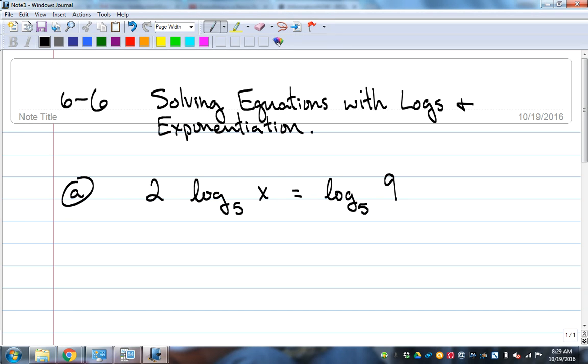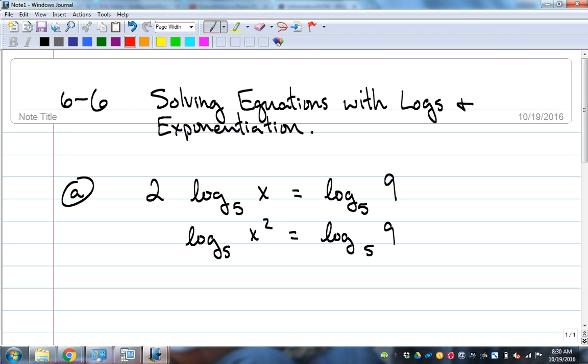So could I rewrite either of these sides? How could I rewrite the left side? Yeah, log base 5 of x squared. Log base 5 of x squared and log base 5 of 9. Now, they're both log base 5s, so what should that mean about the problem?